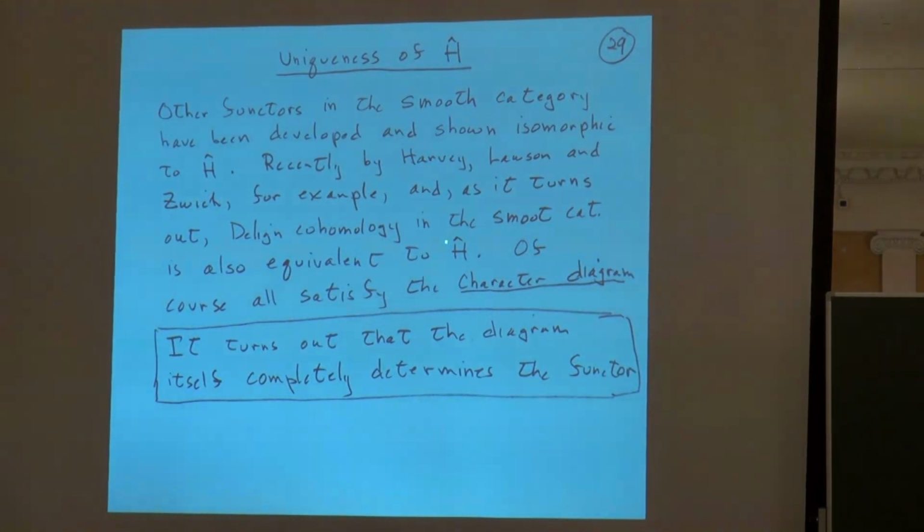But there it was. So you can make up such functors, a model for such a functor, but they all turned out to be isomorphic to each other. They all satisfied the character diagram. And it turns out that the diagram itself completely determines the functor.